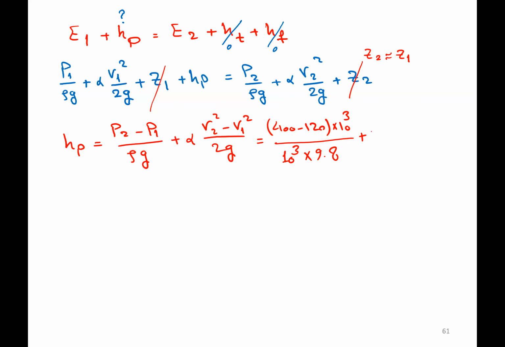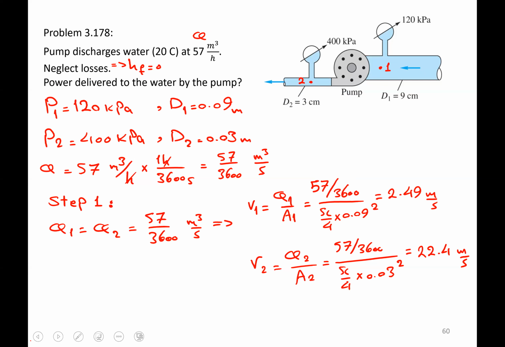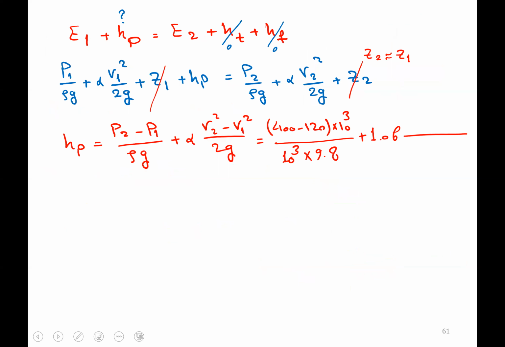The second term is like this, alpha 1.06 multiplied by V2 squared minus V1 squared. V2, we found here at the first step of the solution, step 1, as 22.4 and V1 as 2.49.